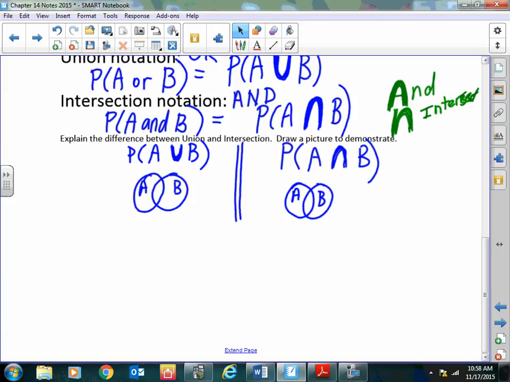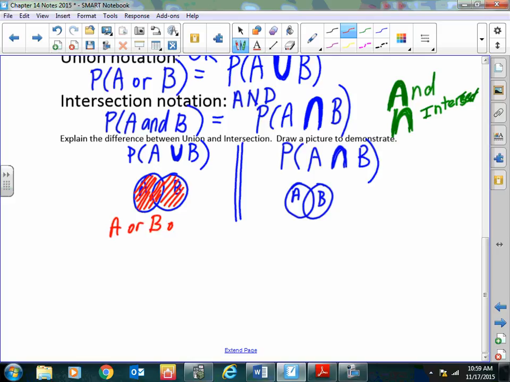All right, so this first one, the union, what part of that picture do you think I mean? When I say union, what part of this picture will I count? You will actually count A, B, as well as the A and B. So all of this section, it can be A, or it can be B, or it can be both.